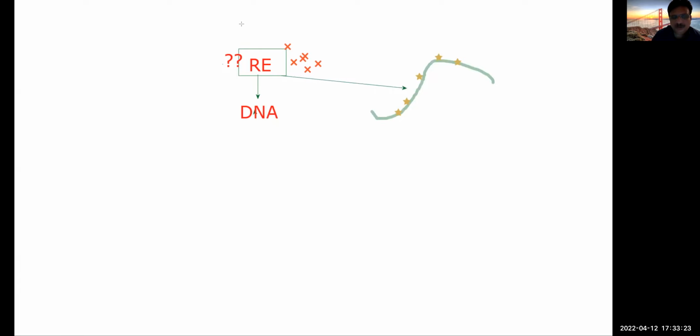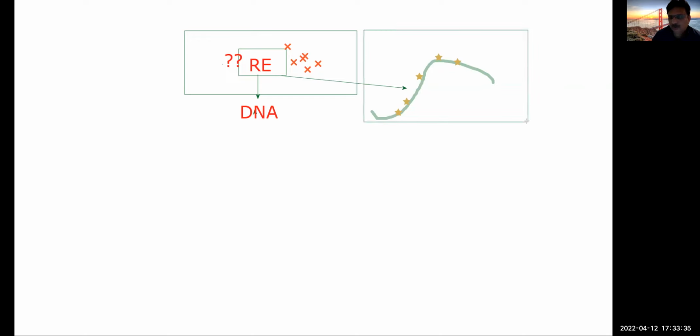So these restriction enzymes can cut the bacteriophage DNA, but they will not be able to cut the host DNA or bacterial DNA, because bacterial DNA is methylated. So this is one of the protection systems bacteria already have. The second kind of bacterial protection system is CRISPR.